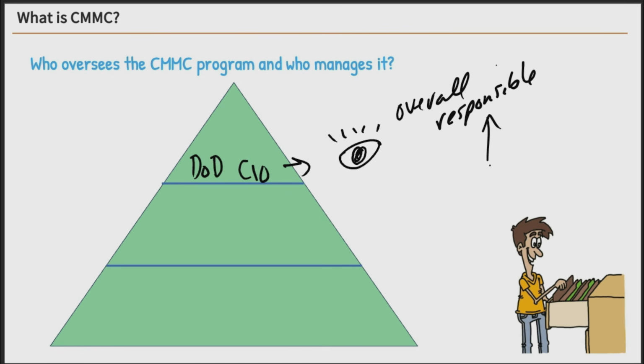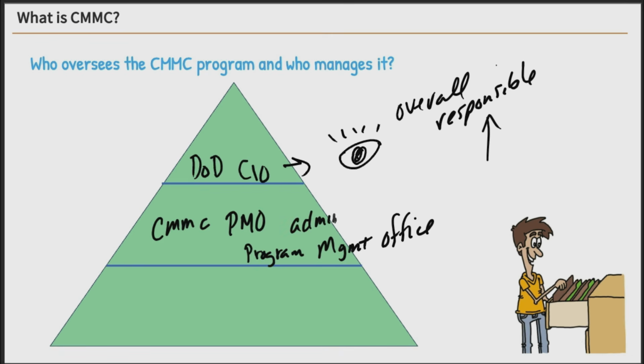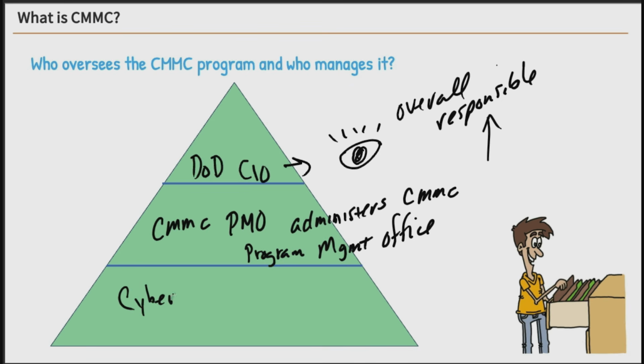Well, next we have the CMMC Program Management Office, and that is who actually administers the CMMC program. All right, super. So now that we know who's in the middle, who's the boots on the ground? Well, that would be the Cyber AB, and this is formerly known as the CMMC Accreditation Body.